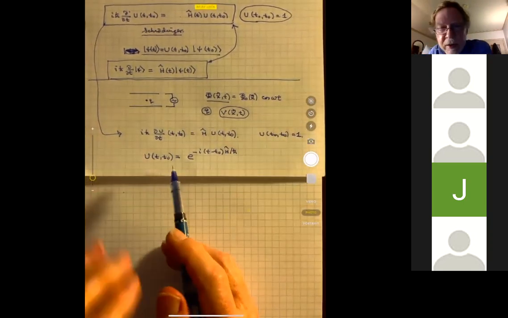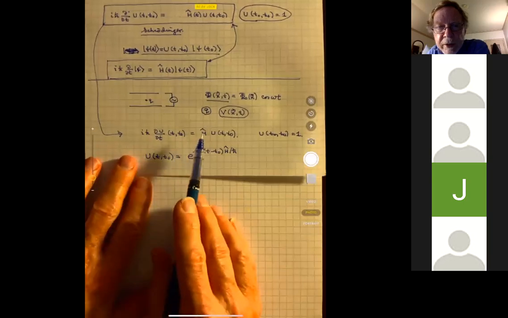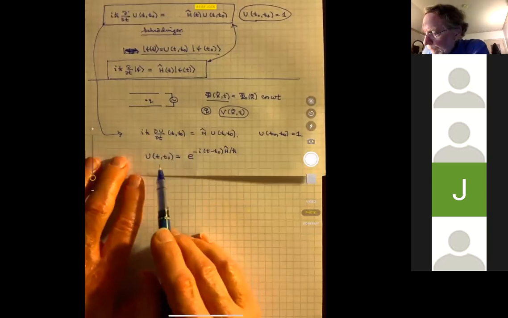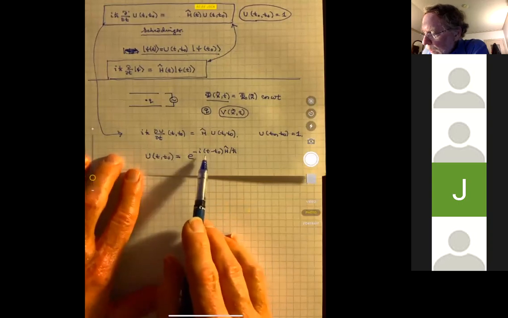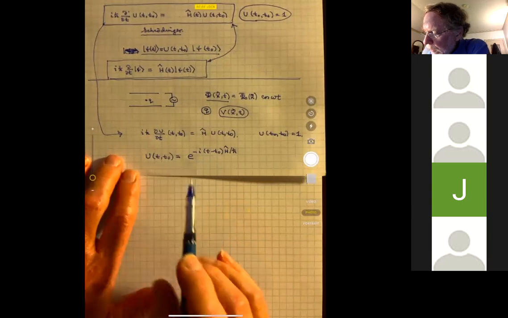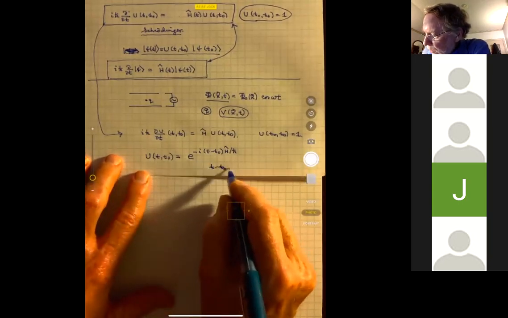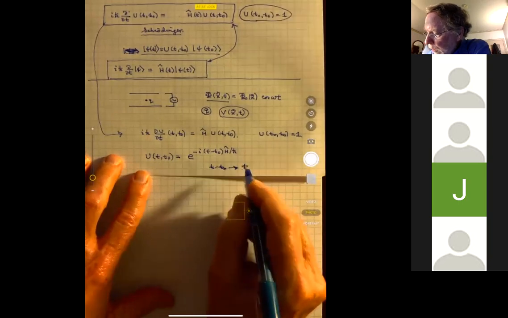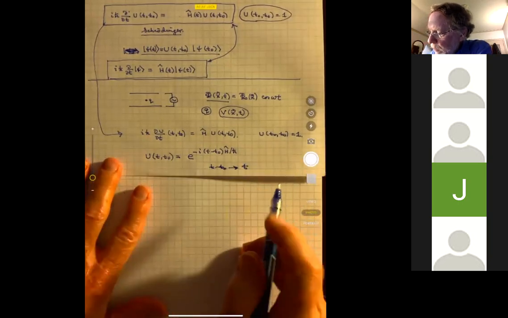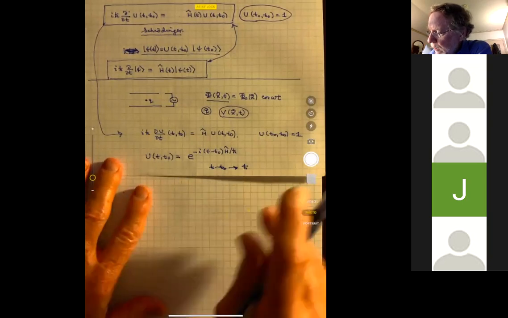So what we see is that in the important special case in which the Hamiltonian is independent of time, the time evolution operator depends only on the elapsed time, not on these two times independently. If that's the case, we can take t minus t0 and, by a change of notation, just call it t, which we now reinterpret not as the clock time at the end of the interval, but rather as the elapsed time.